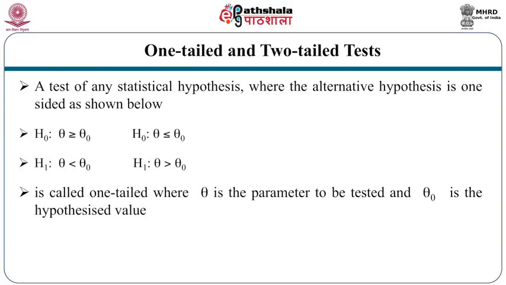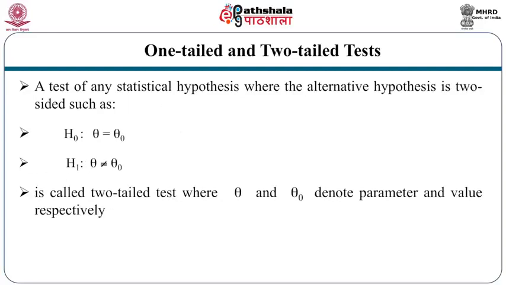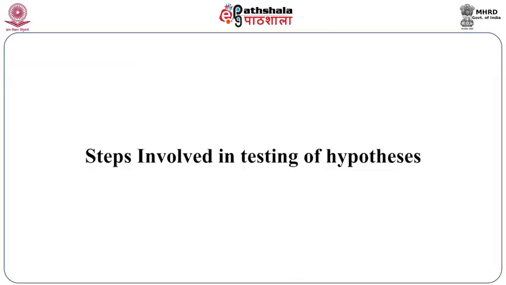In this case we apply a one-sided test. If H naught is theta equal to theta naught against theta not equal to theta naught, we apply a two-sided test.